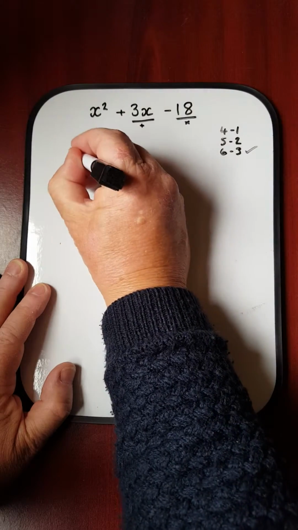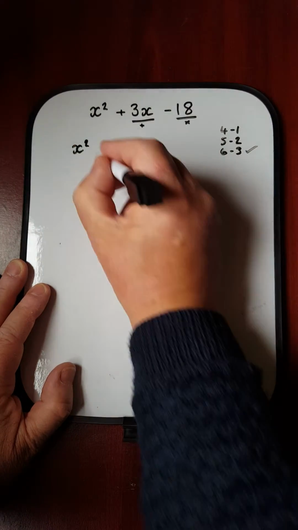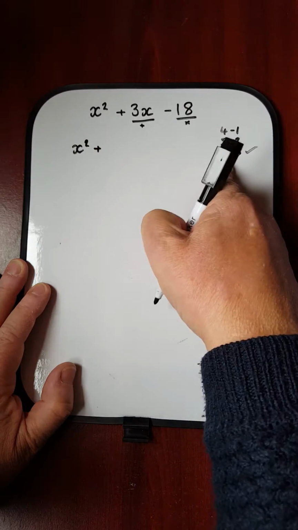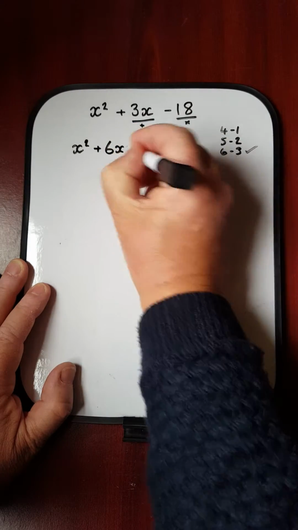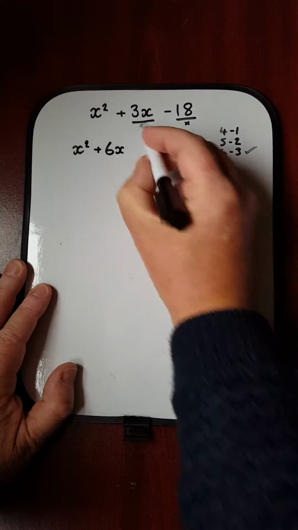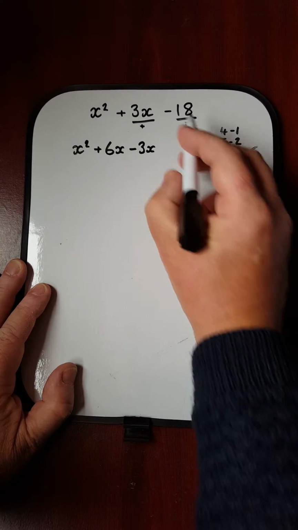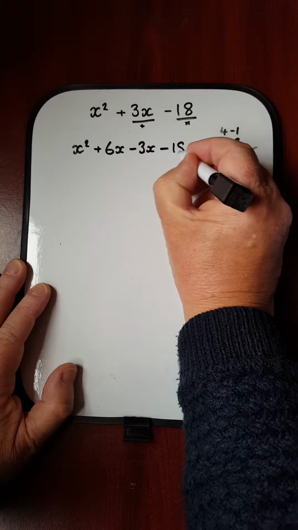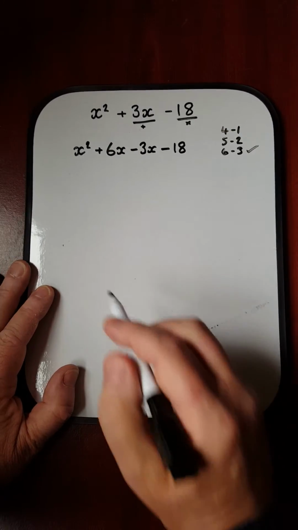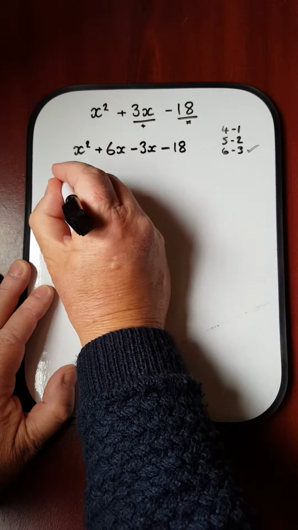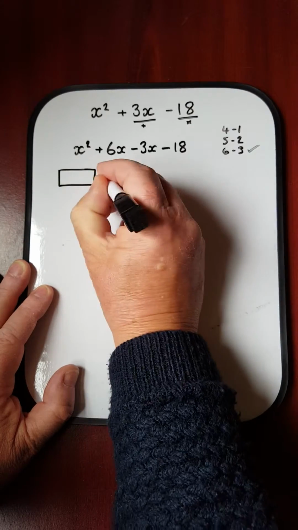So rewrite it. x squared plus 6x, from there minus 3x from there, minus 18. That stays the same. So now we're going to break this into 4 little boxes.